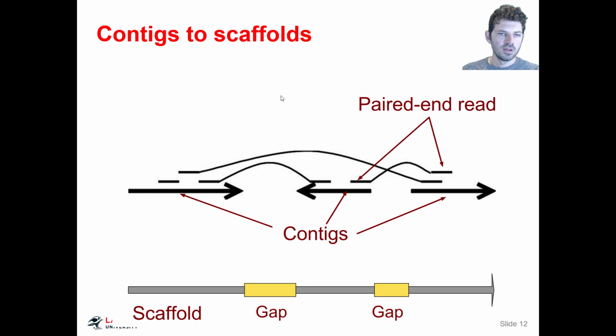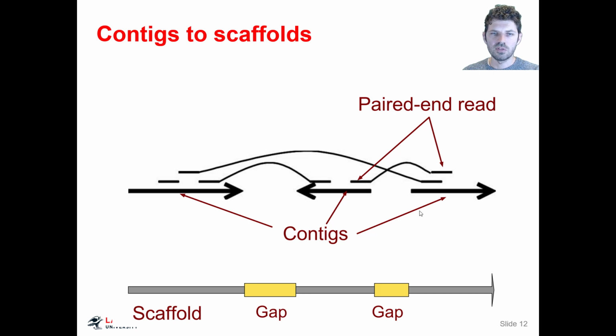So basically you can use the paired end reads to put together your contigs into scaffolds, because even if you have a gap in between your reads and you don't know what the sequence is between them, you can assemble your reads into contigs, so longer DNA sequences.